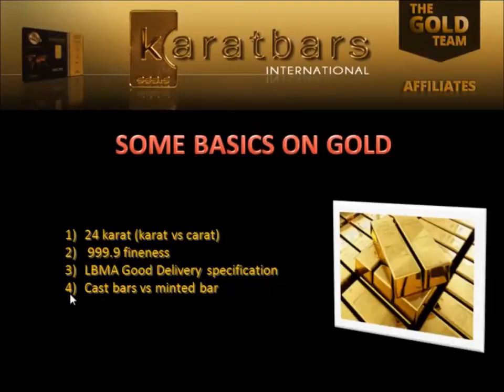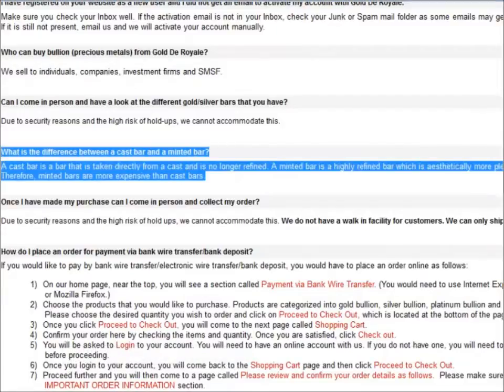You think, well, what's a cast bar and what's a minted bar? If you look at the photograph on the right, do you notice the shine on the gold bars? Personally, I think they're polished up for the photograph, because if you look here, this is the FAQs in one of the gold sites that I came across, and it says, what's the difference between a cast bar and a minted bar?